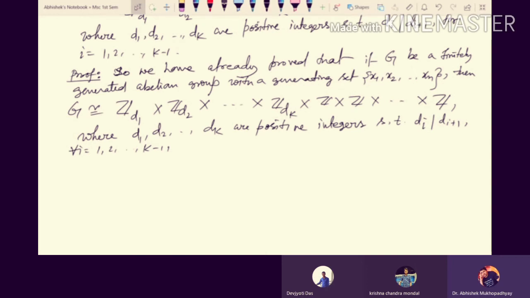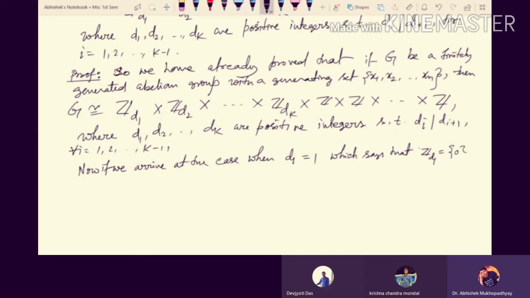Now if we arrive at the case when d1 is 1, suppose, it says that Z_{d1} will then be the singleton 0.